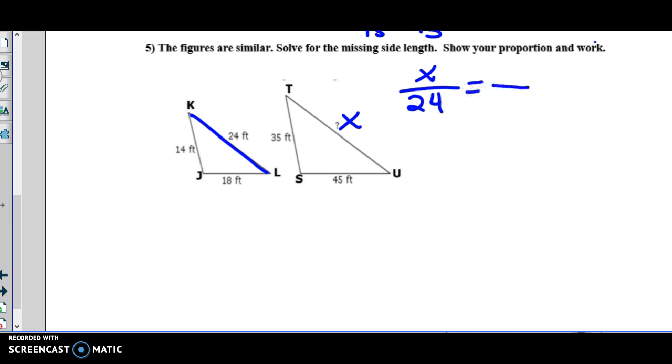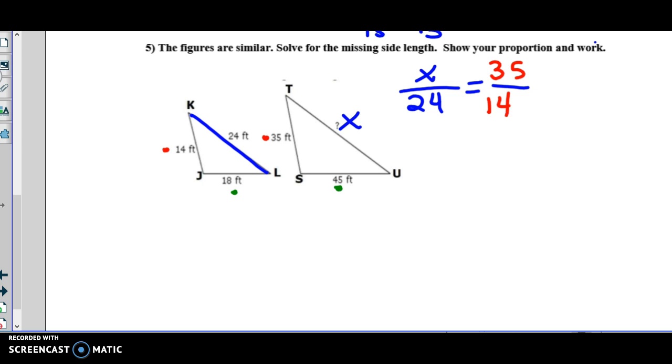And so in this triangle, I know 45 and 18 go together, and I know that 35 and 14 go together. As long as I use corresponding sides, it doesn't matter which values you choose to use. I'm going to use, I think, 35 and 14. So 35 over 14.